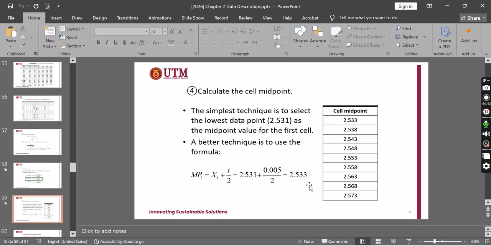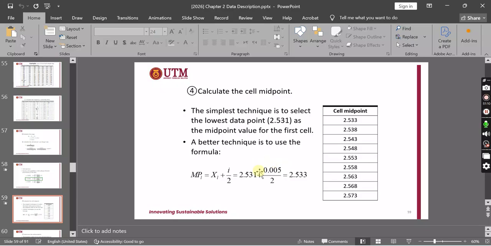How can we find the midpoint? If you don't have classes, how can you find the midpoint? The midpoint will be the lowest number, which was 2.531, plus the original I that we have, 0.005. Not the I that we put by ourselves, lower and upper, but the middle one that we found by using the rule.